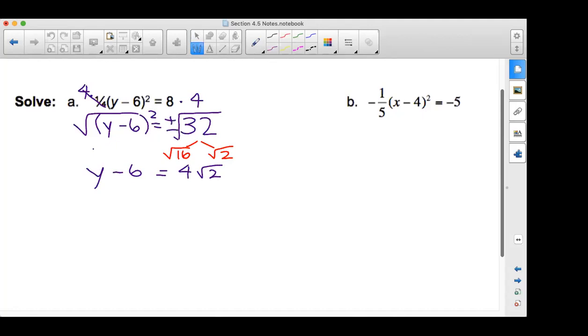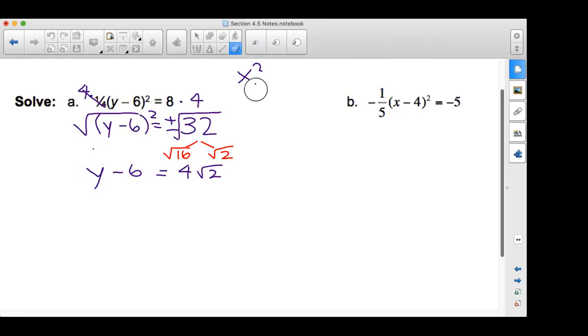This is just like, say we're making y minus 6 equaling x. We have something being squared. That squared means we have 2 answers. So that when we take the square root, it gives us a plus or minus. It gives us those 2 different answers.